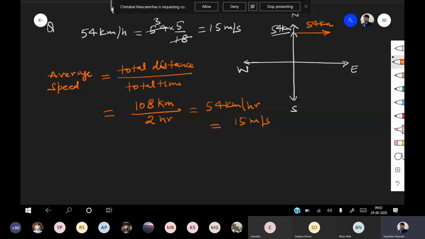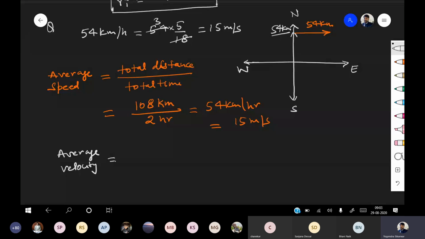Now for average velocity. Average velocity is equal to net displacement upon total time.